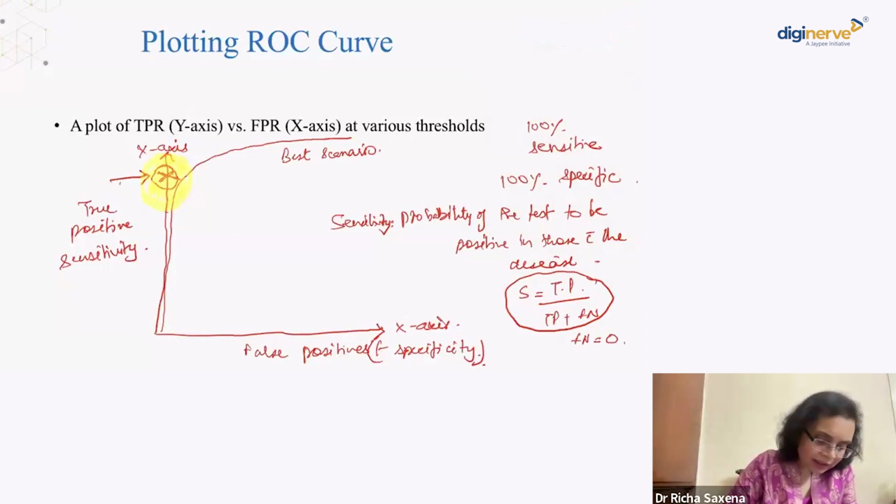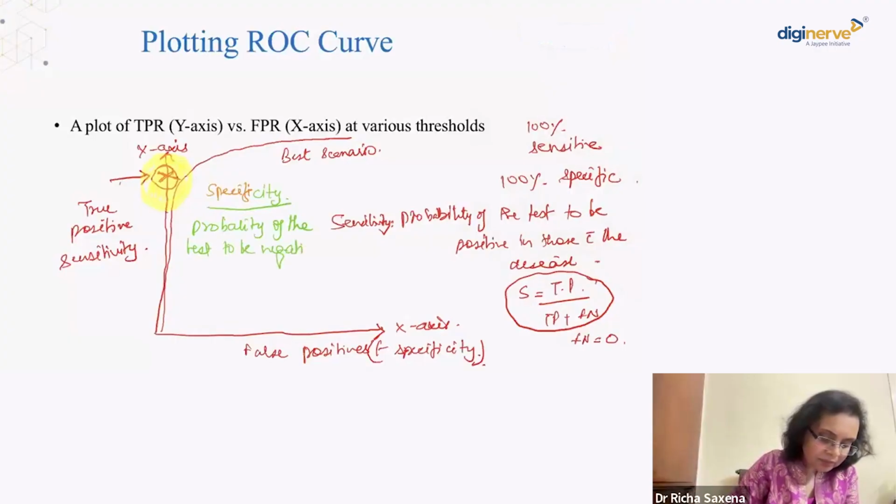And if we talk about specificity, specificity is the probability of the test to be negative in those who do not have the disease.